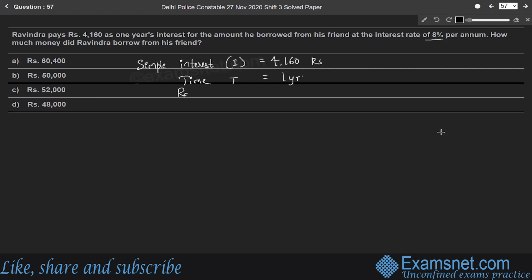And rate of interest R is 8% per annum. So we have to calculate the principal amount. Principal P is equal to, we have to find. So we know that I, that is simple interest, is equal to PTR by 100.